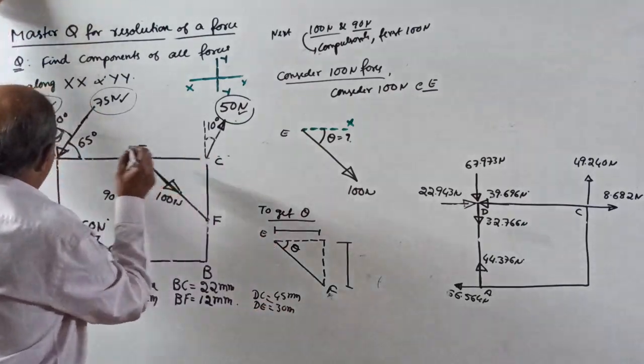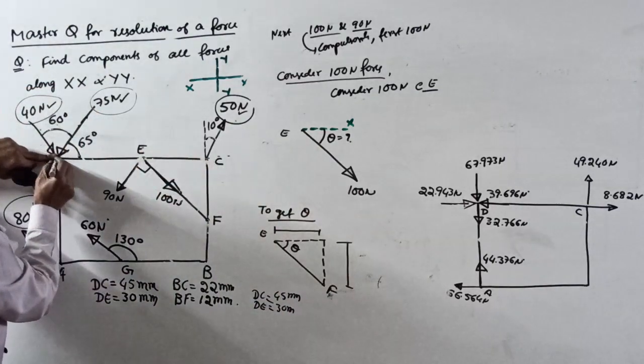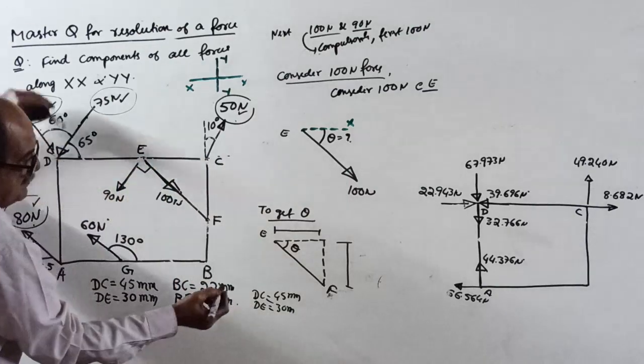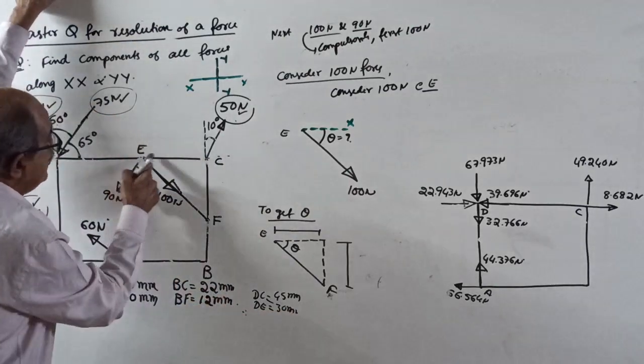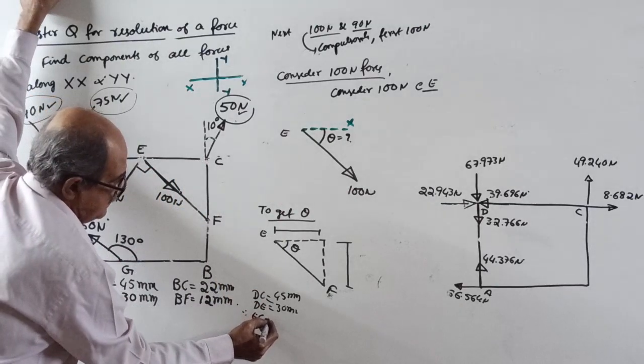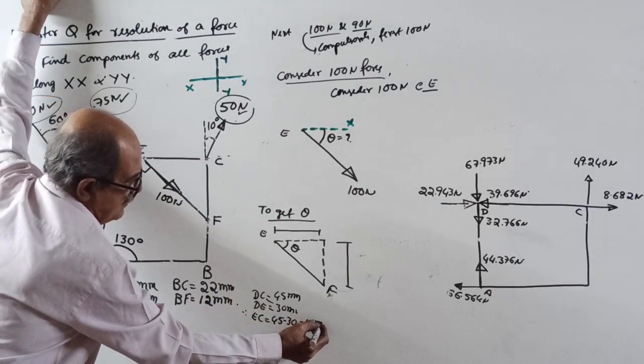Means, from D to C is 45 millimeter, D to E is 30 millimeter. Therefore, EC equal to 45 minus 30 equal to 15 millimeter.